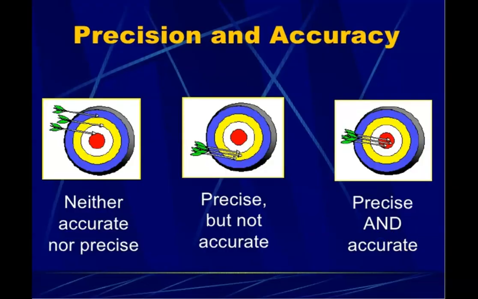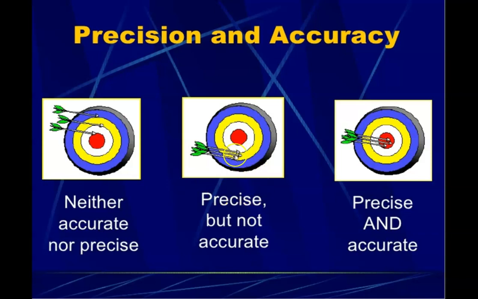So I like this little picture of a dartboard. So most of you probably have thrown darts before. So that first one, you can see those 3 arrows are all over the place. So there's no precision, not hitting about the same spot. Accuracy would be hitting the goal, which would be the center. So this one is almost accurate, but there's no precision going on with this.